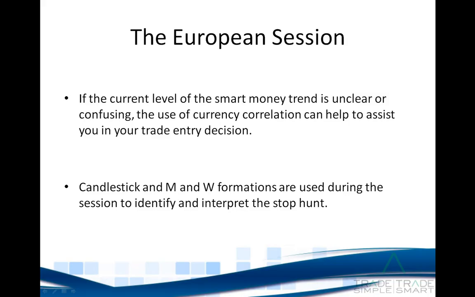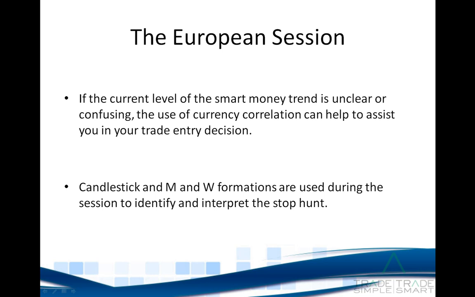Now, another guideline and tool that we can use when identifying areas of potential deep liquidity is if the current level of the smart money trend is unclear or confusing, the use of currency correlation can help to assist in your trade entry decision.